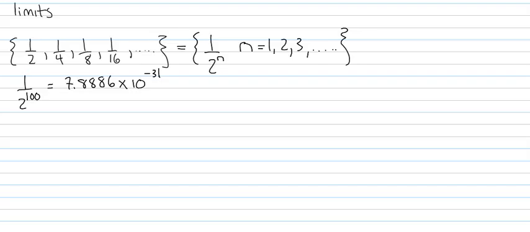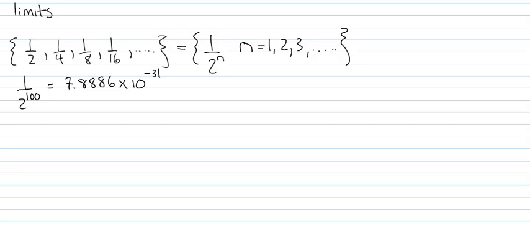None of the values in this sequence are actually 0. So we can't say this sequence is going to be equal to 0 for any value in the sequence. But what we can do here is use the concept of a limit to define what the values of the sequence are approaching.